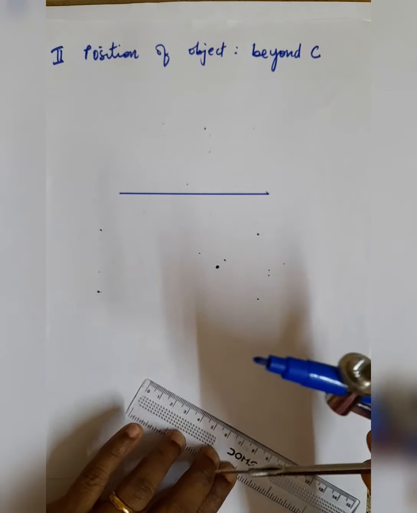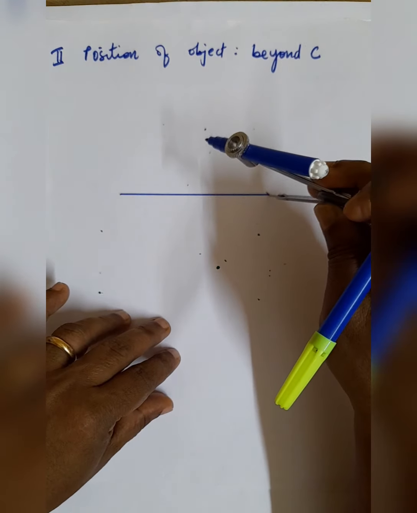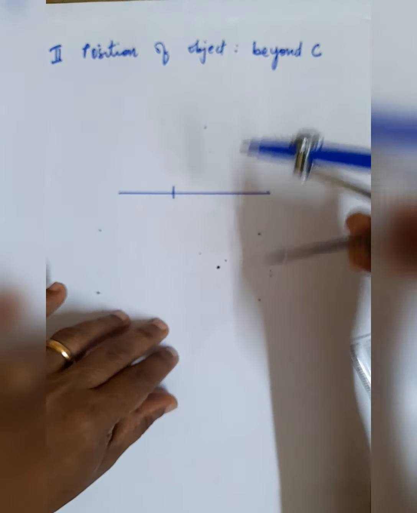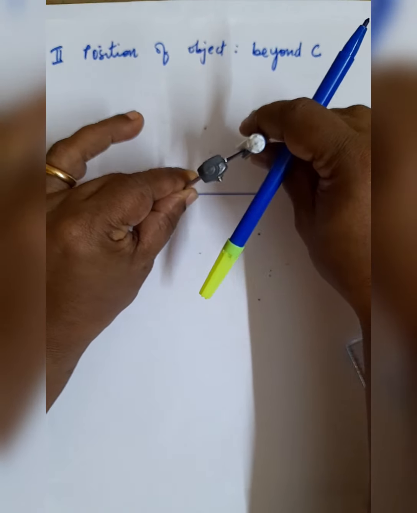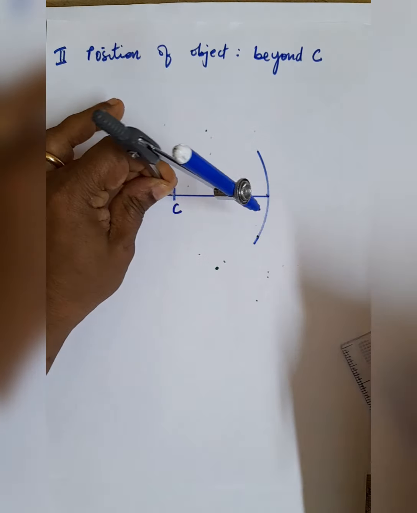Take 6 as the radius. This is my C. So from here, I draw the concave mirror.